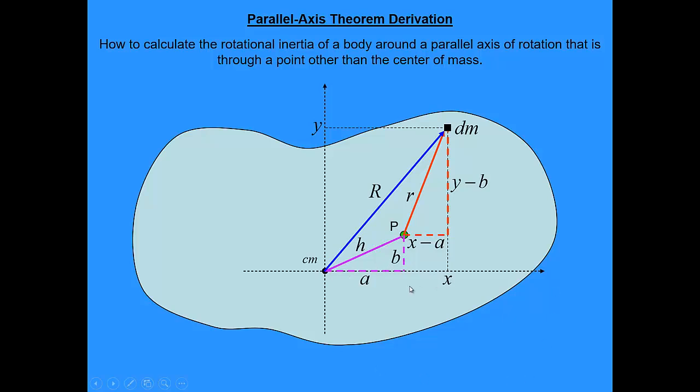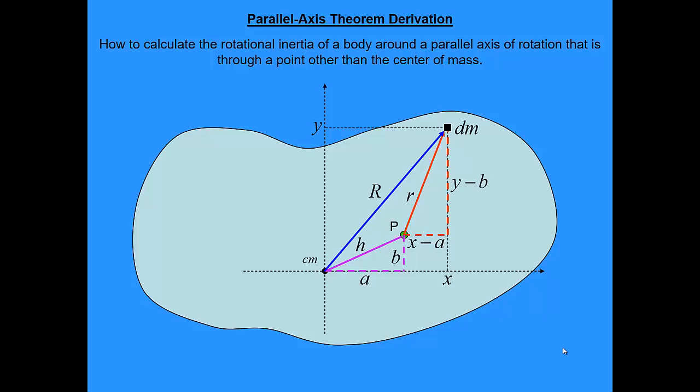We know the perpendicular components, or the coordinates, if you will, are a and b. Little r is the distance from our parallel axis of rotation to the mass increment. That's x minus a and y minus b. And capital R is the distance from the center of mass to the little mass increment, right? And that has perpendicular components of x and y. Now we'll pull this back up and come back to this one where we need it, okay?